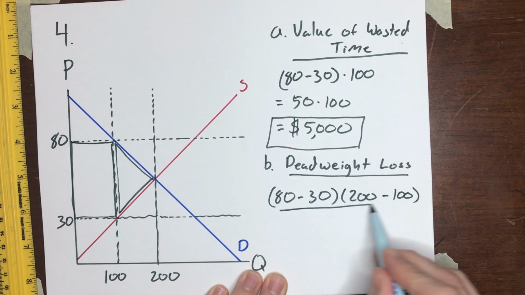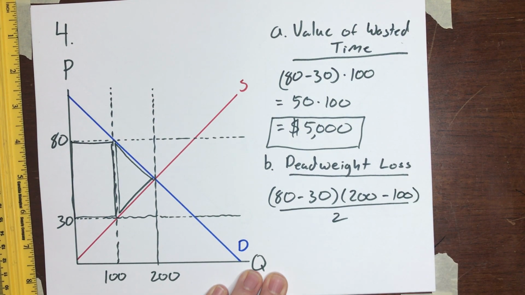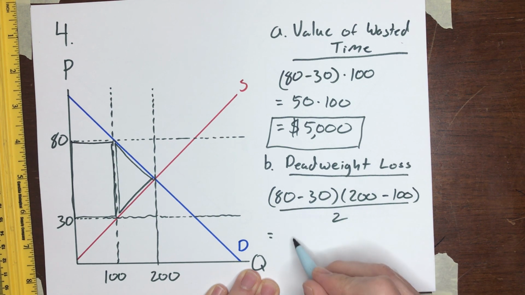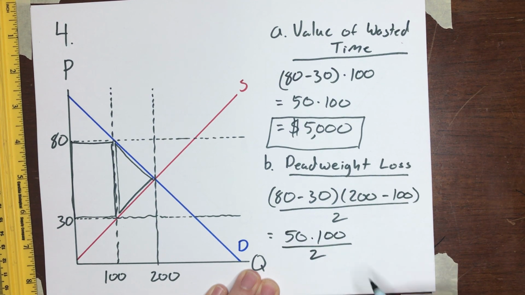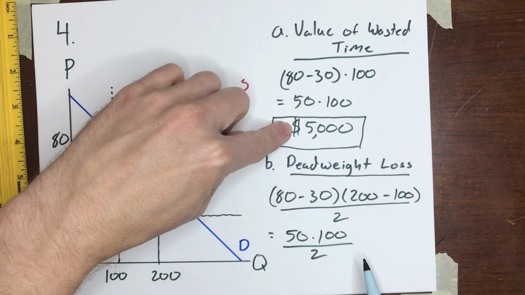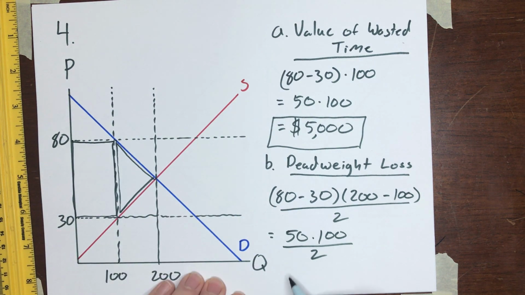And then we divide this by 2. What does that give us? Well, this is 50, that's 100. So we've got 50 times 100 divided by 2. We already know 50 times 100 is 5,000. Divide that by 2, and we've got $2,500 in lost gains from trade.